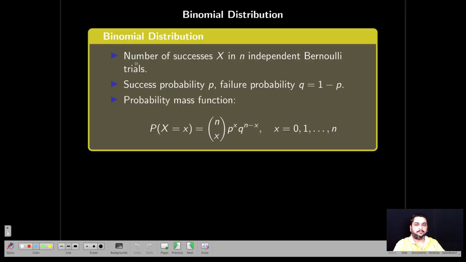So if you have n Bernoulli trials, that means if you are tossing a coin n times, then it follows a binomial distribution. What it says, very simple: the number of successes x in n independent Bernoulli trials, success probability p and failure probability 1 minus p. Since it is discrete, we call it a probability mass function. This is important.